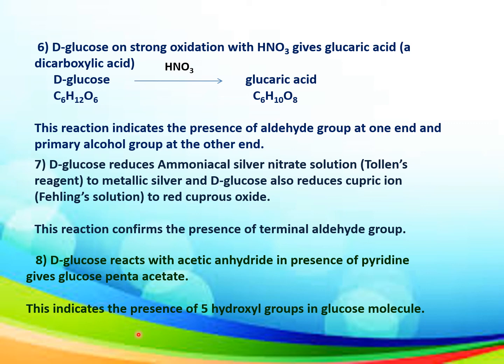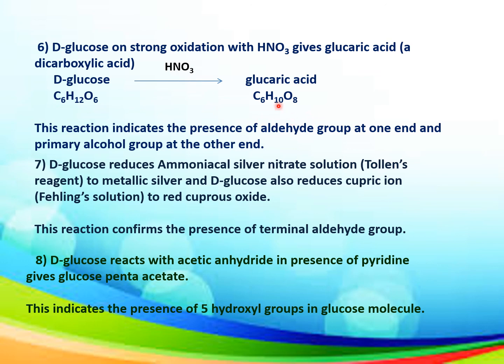Here C1 of glucose contains CHO. It is oxidized to COOH. Here we get a dicarboxylic acid. So the carbon at the last position is also oxidized to COOH. C6H12O6 to C6H10O8: two oxygen atoms are gained and two hydrogen atoms are lost.